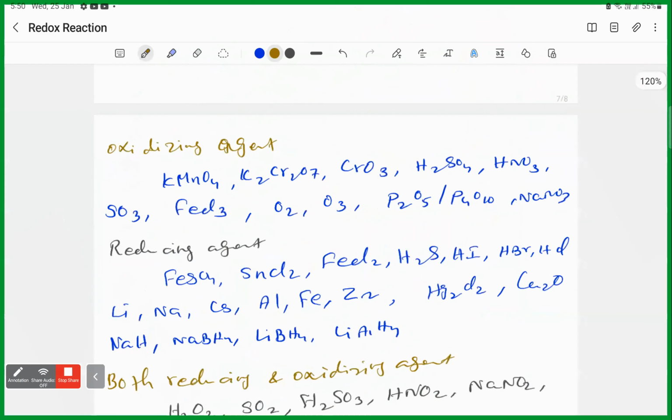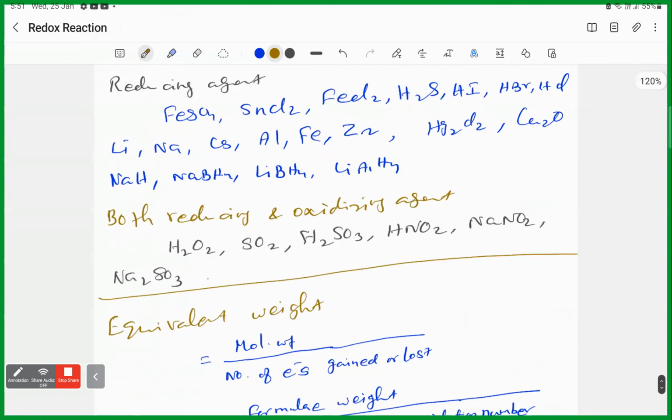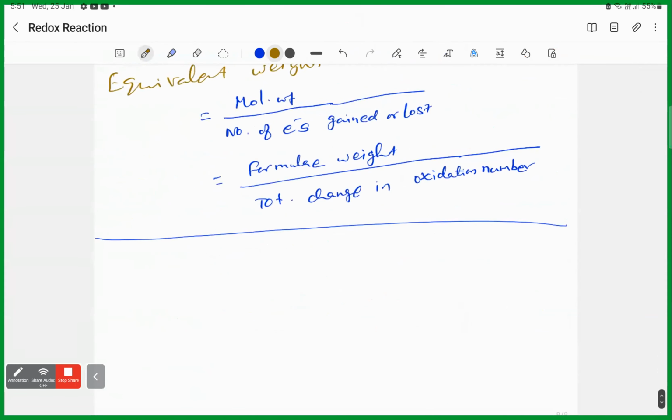These are the ways by which you can classify the redox reaction. And then we have to see the balancing of redox reaction. So, what is redox reaction and the electron process we have to see. So that's all about the unit. So types of redox reaction.